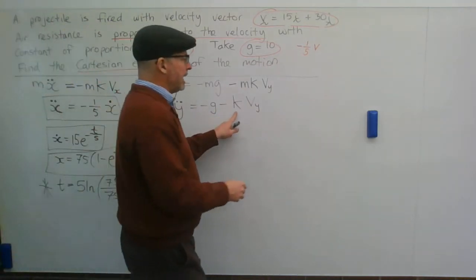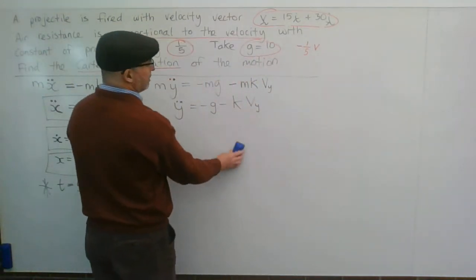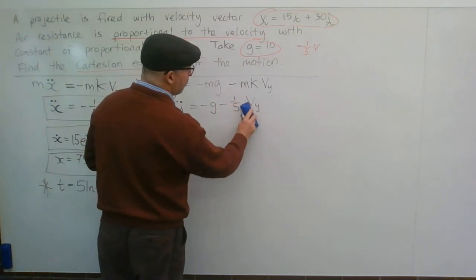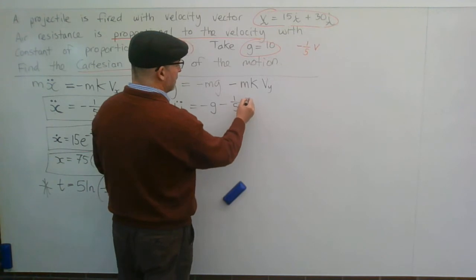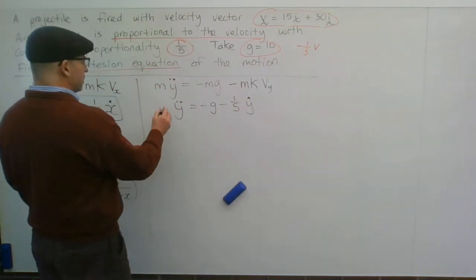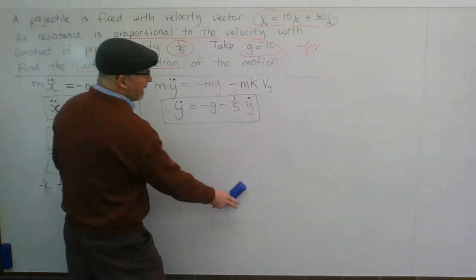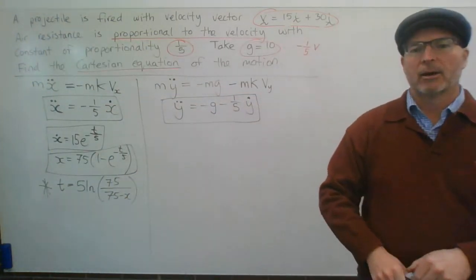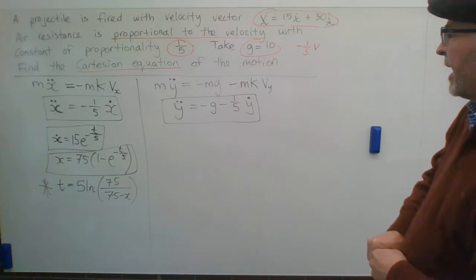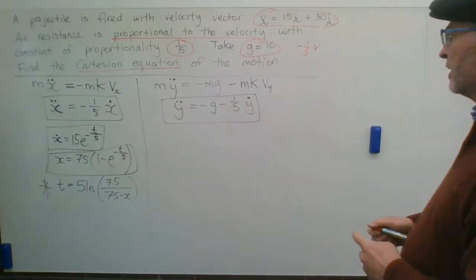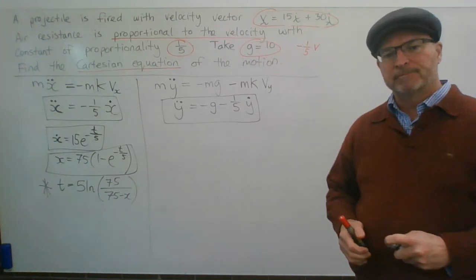And now k is 1/5, the constant of proportionality, and Vy, the vertical velocity, is y with a dot on it. So here is my acceleration vertically all sorted out, and now I go through that same process of integration.